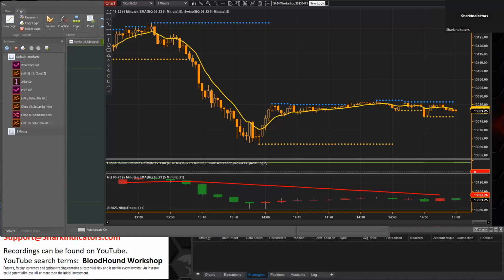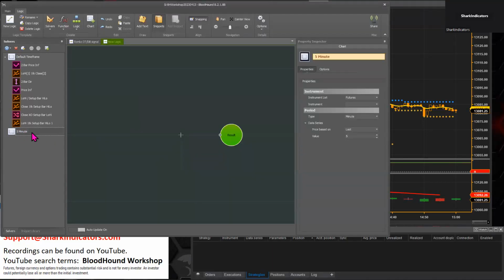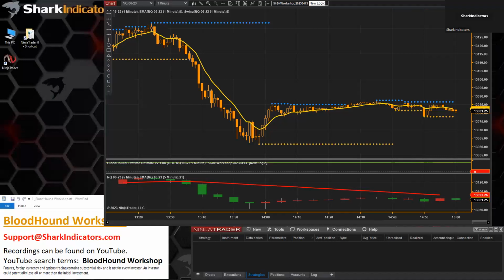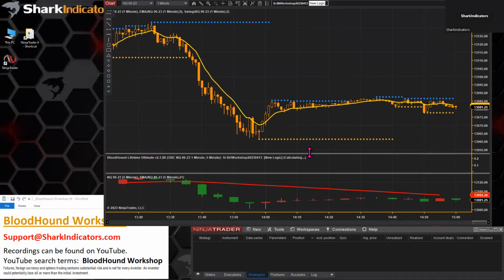Oh man, ever since I added this 5 minute time frame to my chart, NinjaTrader has gotten really groggy. But in any case, when you add another time frame, you have to reload the chart. That's the only way we can get a 5 minute time frame added to BloodHound to use. So we do have to reload our chart like that.